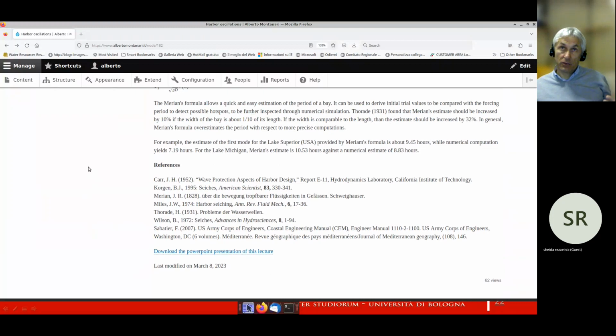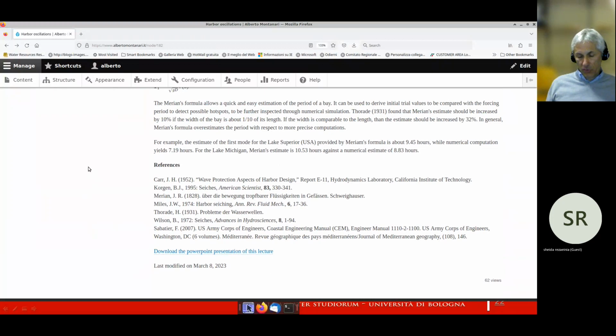where we should be concerned about Harbour oscillations. First of all, keep in mind that Harbour oscillations can really damage moored ships, can provide significant damage, because the standing wave may assume a very significant amplitude, which means huge oscillation also for ships, which in turn implies an amplification of the mooring forces.